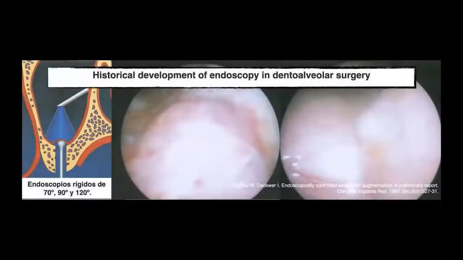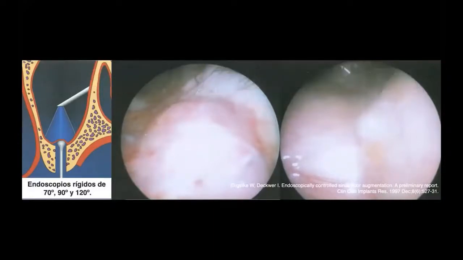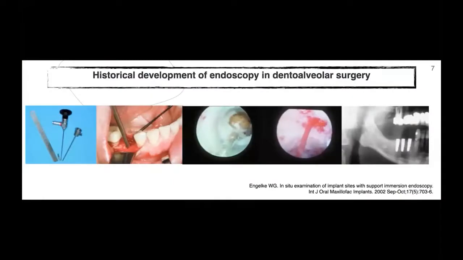By the 1990s, the Göttingen group in Germany, led by Professor Engelke, perfected the use of endoscope for indication in oral implantology, especially in maxillary sinus floor elevation procedures. In this clinical report from the Engelke group in 2002, the use of a small rigid endoscope of 1.9 millimeter of diameter was described for intraoperative implant cavity assessment.